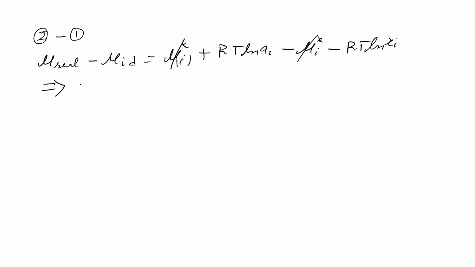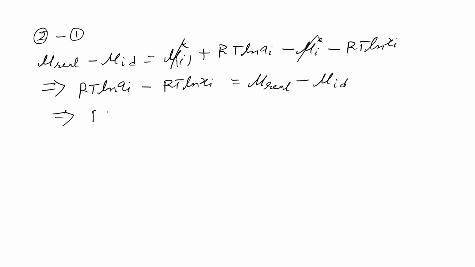So what can I write? I can write RT ln ai minus RT ln xi is equal to the chemical potential of the ith component in real solution minus that of ideal solution. So this one I can write as RT ln ai by xi is equal to mu real minus mu ideal.